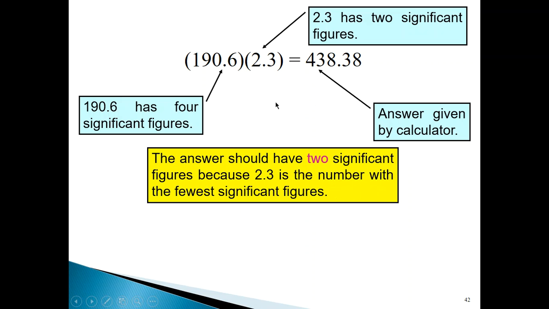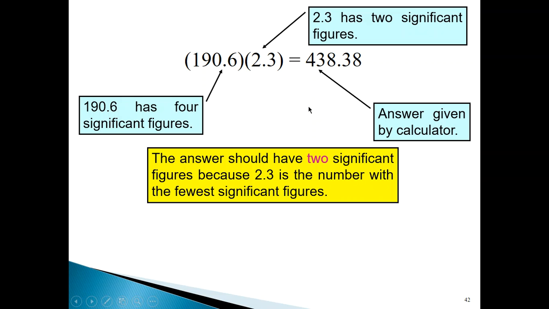And according to the rules that we just covered, we have to look at the number of significant figures expressed in the numbers involved in the calculation. This number, 190.6, has 4 significant figures, and the 2.3 obviously has 2 significant figures. So according to this rule, your final answer must be rounded off to 2 significant figures.